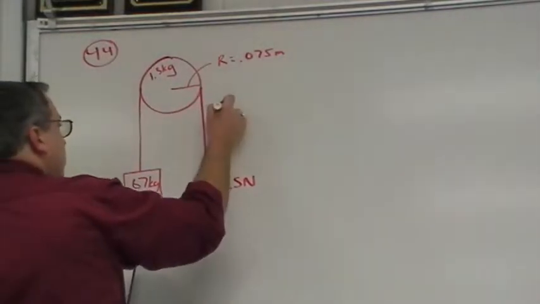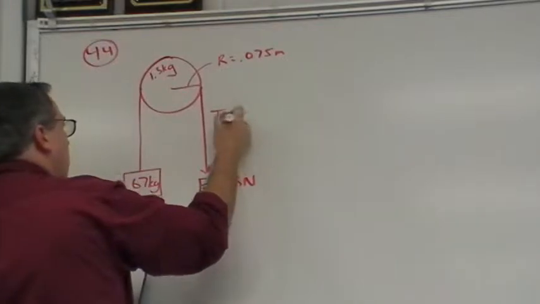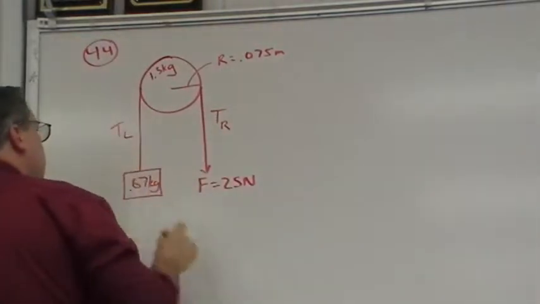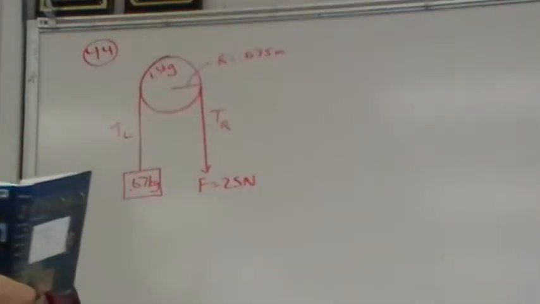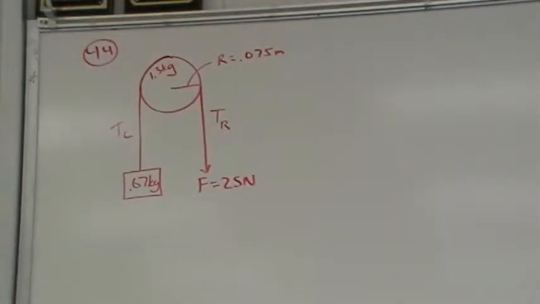So the first question we have is, is the tension on the right the same as the tension on the left? No. Why? The force on the right has to move the pulley and also move the other mass. What's the rule here? If that pulley has mass, the tensions are not equal.